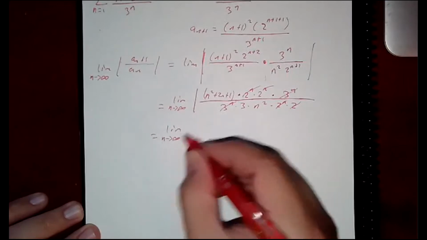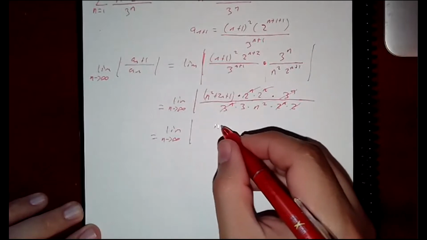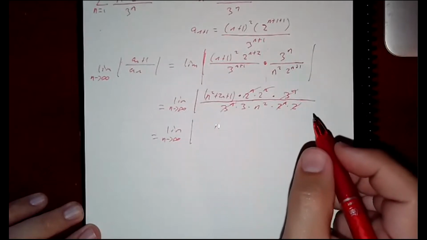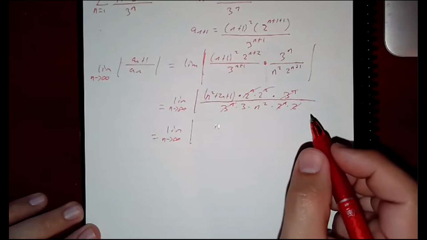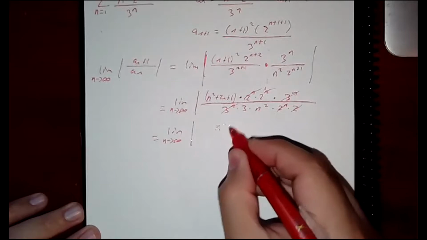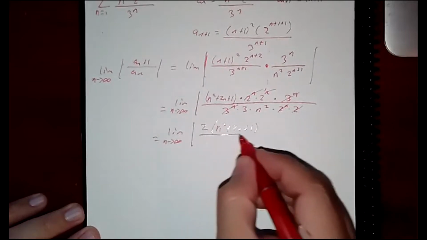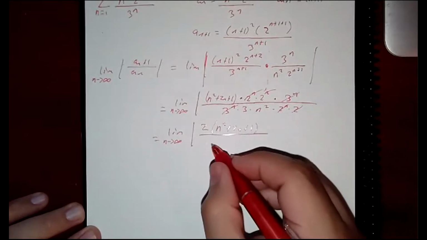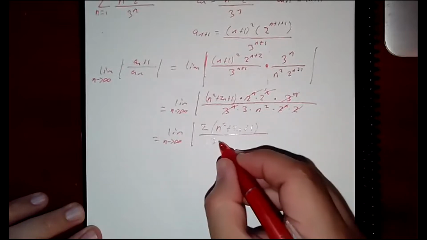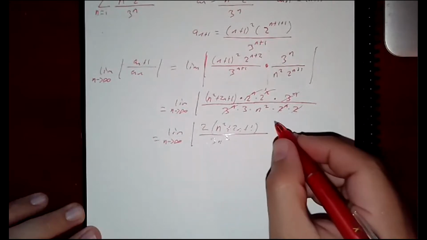As n goes to infinity, oh yeah, one of the 2's is gone, so I'll put a 1 there so I don't forget. Down here we have a 3n squared left.